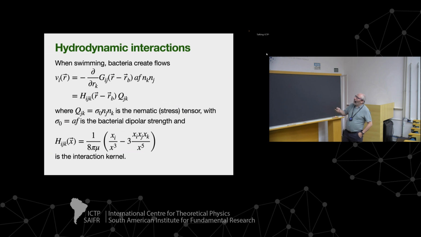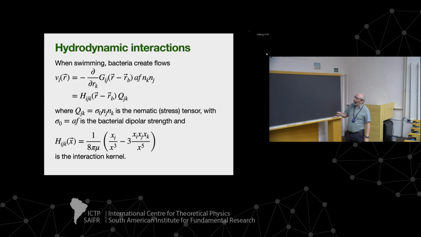And you take all this thing here that is actually a tensor that has 3 indices, IJK. So it's the flow field at the position R, depends on the position of the bacterium, and you define all this thing as Q. I'm using the same letter as before. So Q is AF times A times NN.